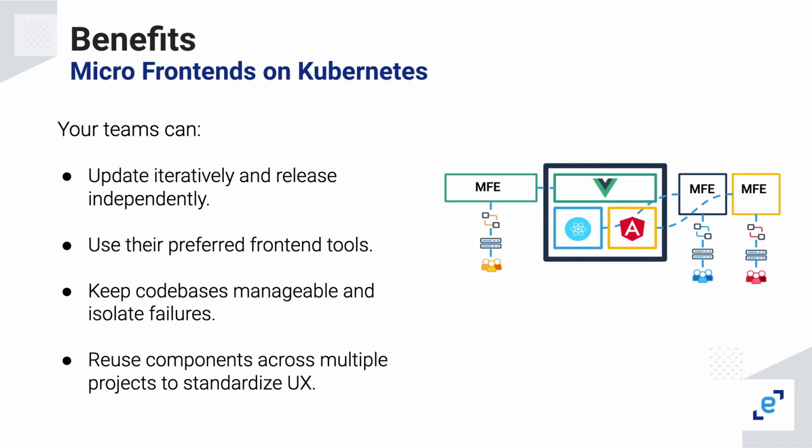And then the last real big benefit that we'll talk about here is the ability to reuse components across multiple projects to standardize the way you interact with your enterprise, the way you interact with your backends and things like that. So micro-frontends are built to be portable because they have that contract or API-driven approach built into the technology and built into the architectural design.